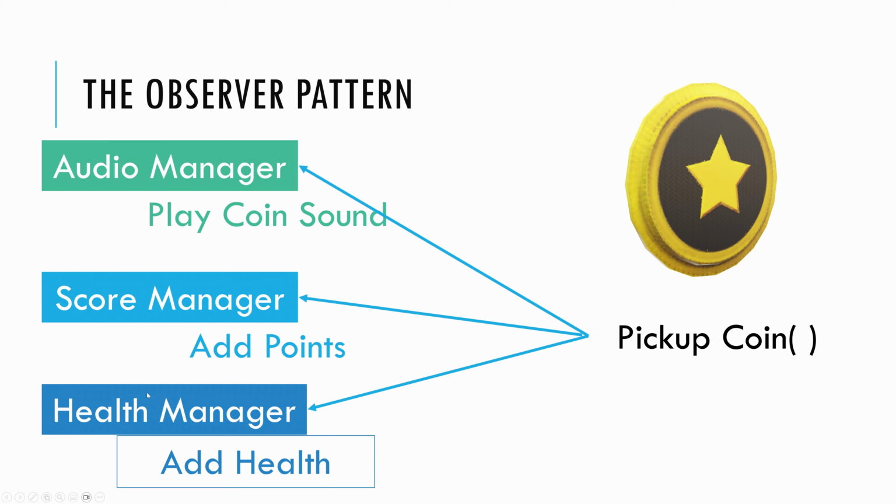Your health manager can hear that and add health. Let's say you change your game design and you don't want to add health anymore. Okay, great. By changing one single line of code, you can just remove that connection and nothing else breaks. They're decoupled. Yes, your health manager has to know that there is a coin system, but it just holds a reference to it. And your coin system doesn't care what's subscribed. It's going to keep doing what it's going to do.